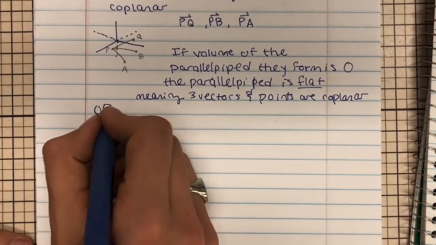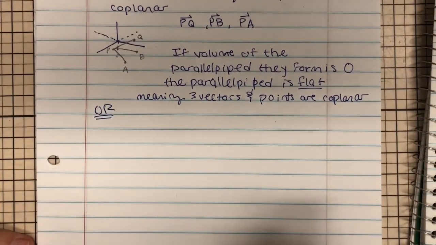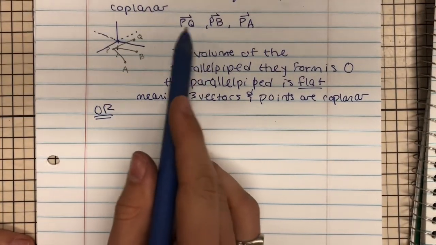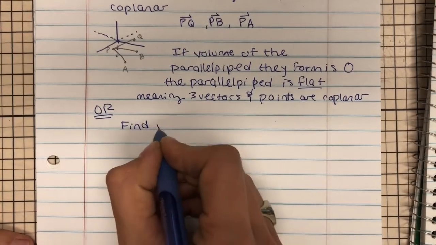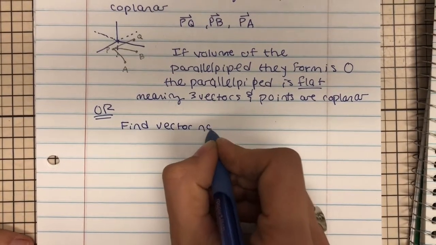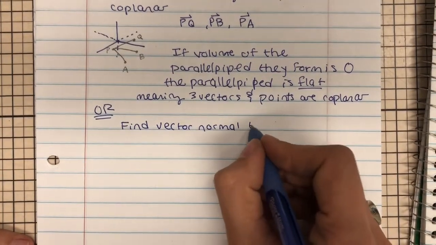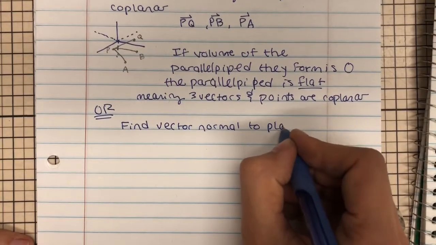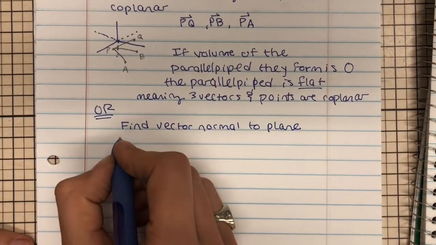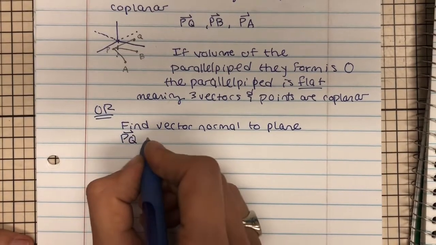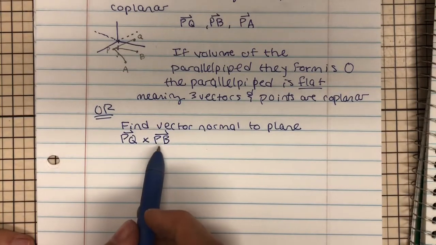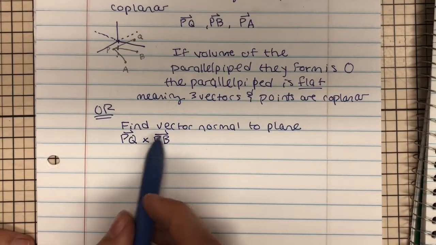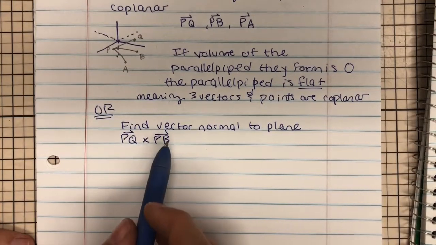Or another option is you could find a vector normal, or orthogonal, to the plane by choosing 2 of the vectors and taking their cross product. So by finding, let's say, PQ cross PB, and remember, PQ cross PB is perpendicular to both of those, which we assume are in the same plane.